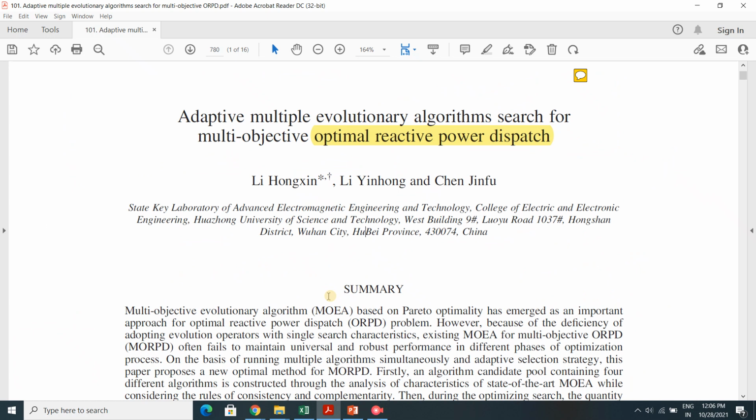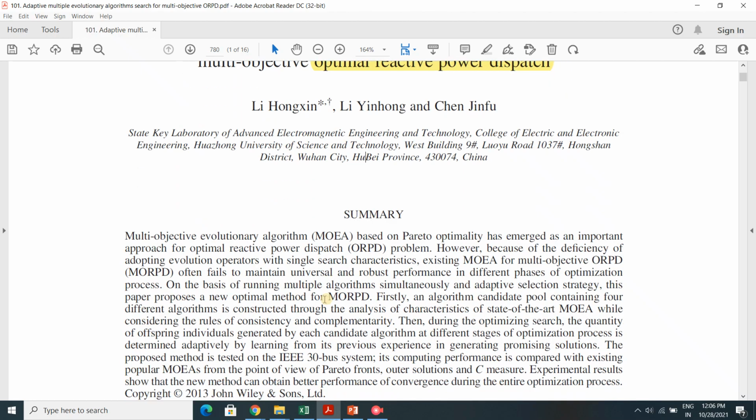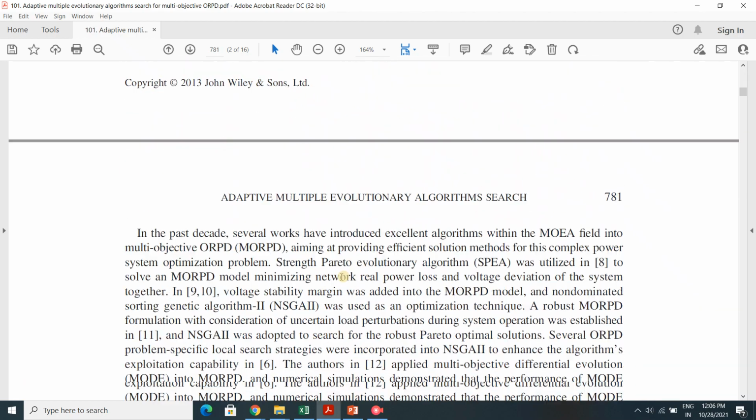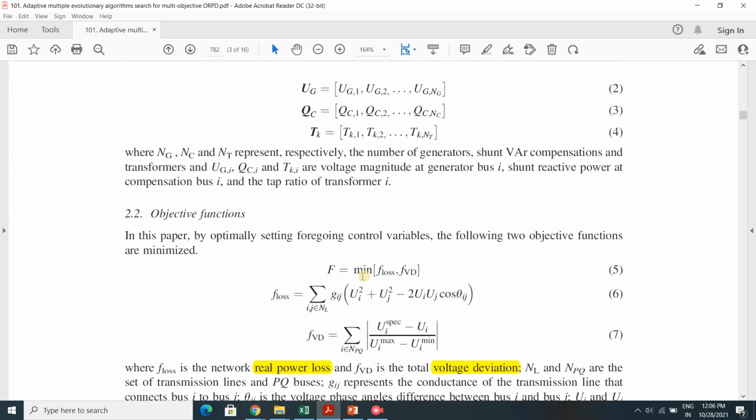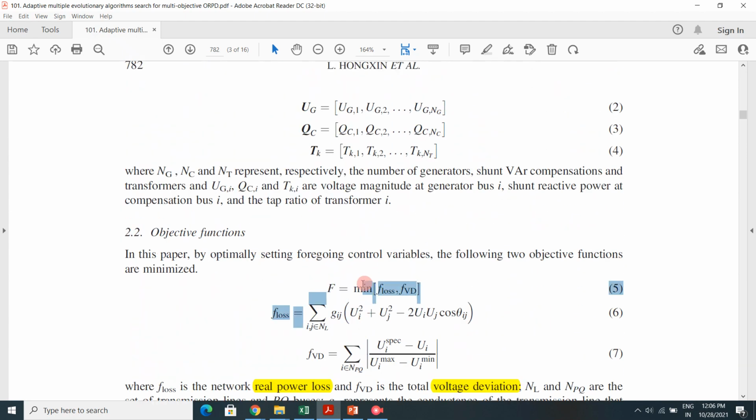Now in this case, optimal reactive power dispatch generally tells you that you have to optimally locate the reactive power, but you have to keep some other objective also. Here this is a multi-objective function where two objectives are there.